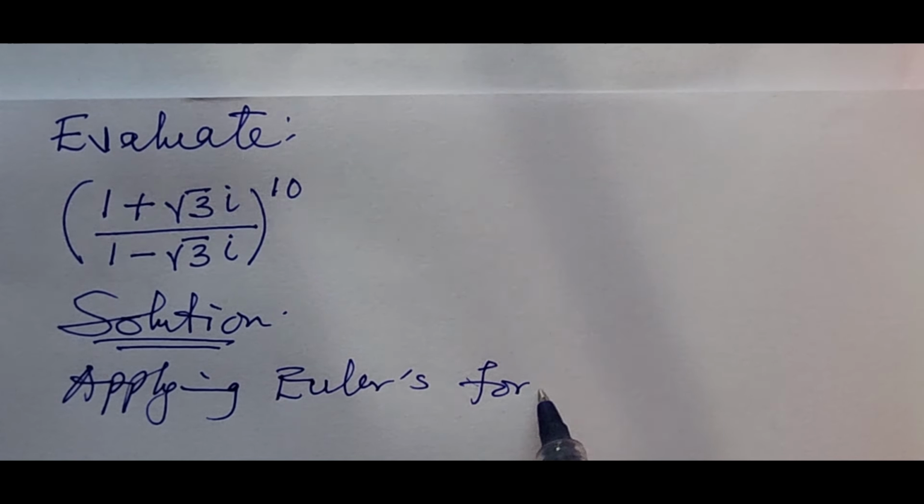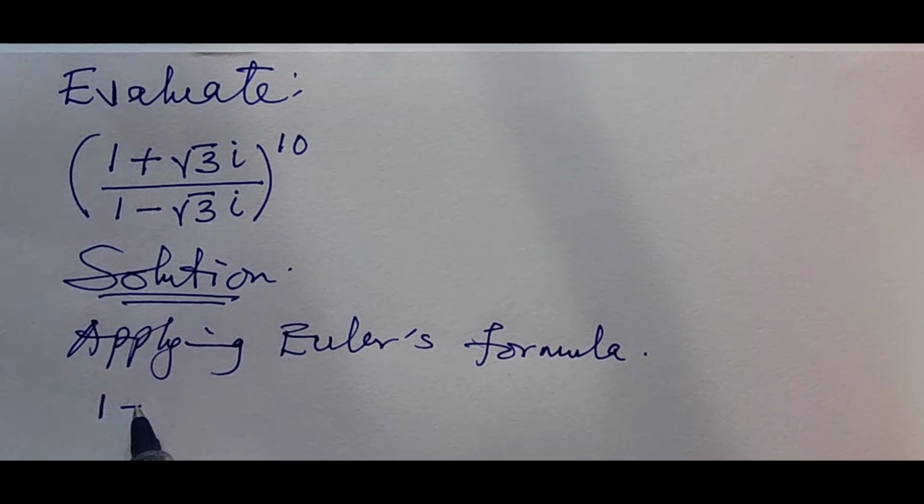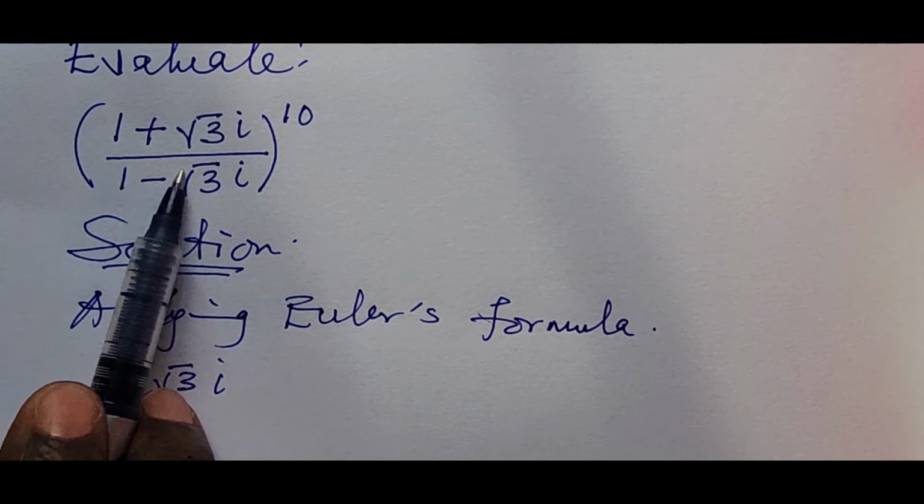So we have here applying the Euler's formula. So we're going to have our 1 plus the square root of 3 iota, which is the numerator here.